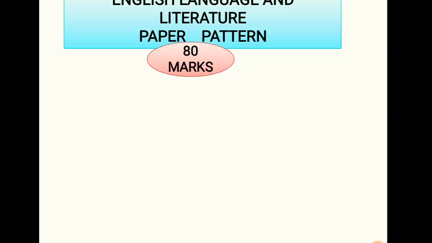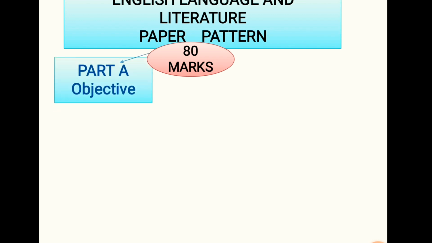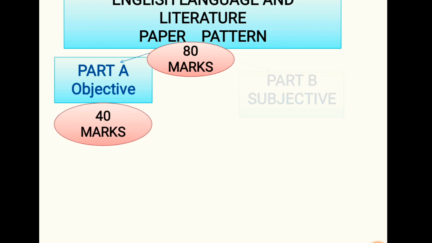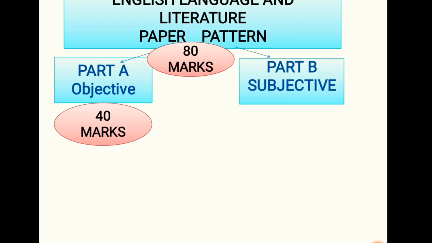Now, let's move forward and look at the paper pattern for 80 marks. The external examination of 80 marks is divided into Part A and Part B. Part A, objective 40 marks and Part B, subjective 40 marks.